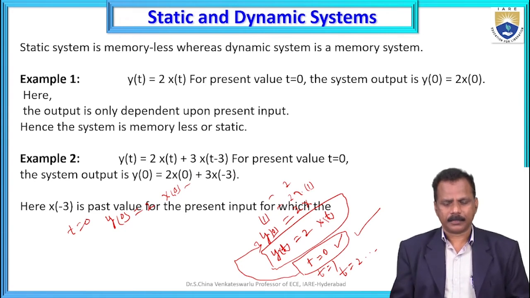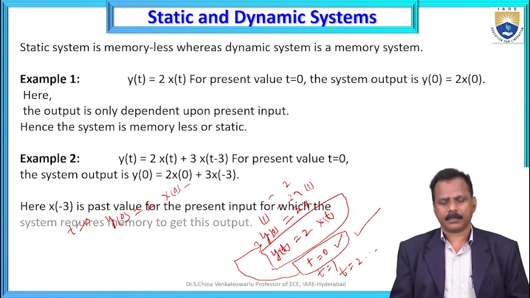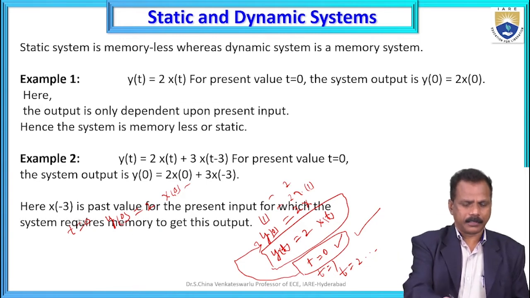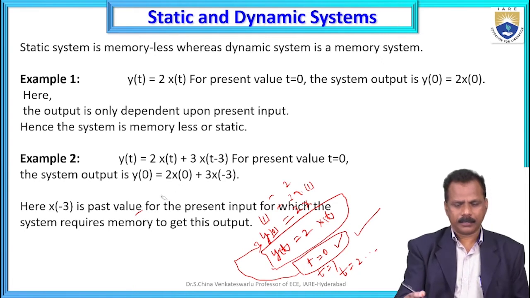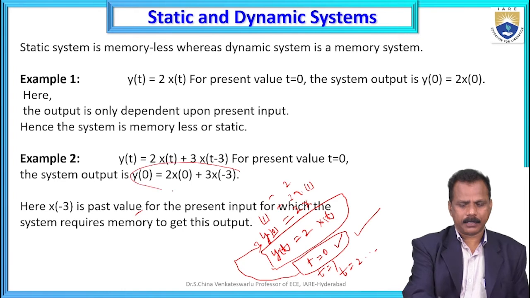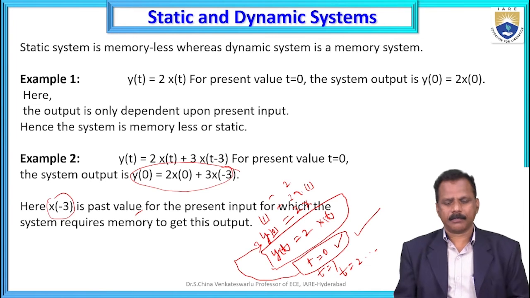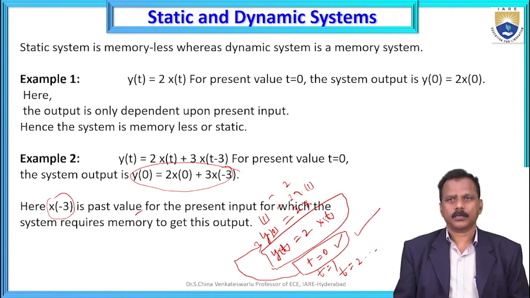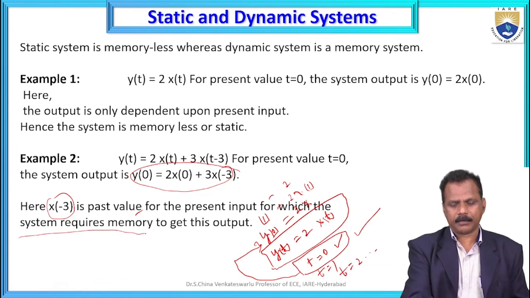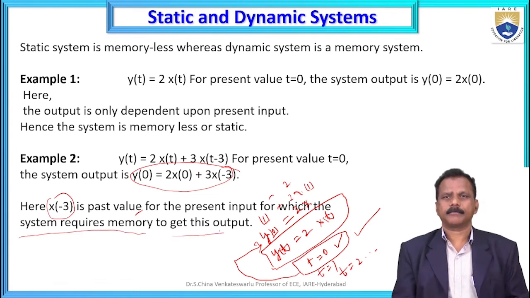Here x of minus 3 is the past value for the present input, so the system requires memory. Why? Because once we substitute this value, x of minus 3 is the past value for the present input, so the system requires memory to get this output.